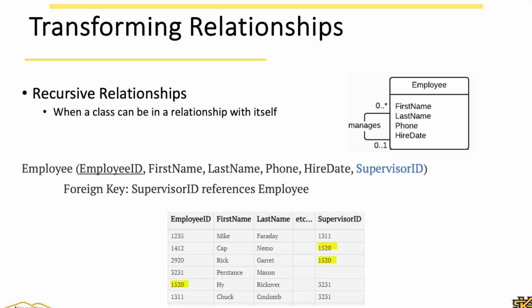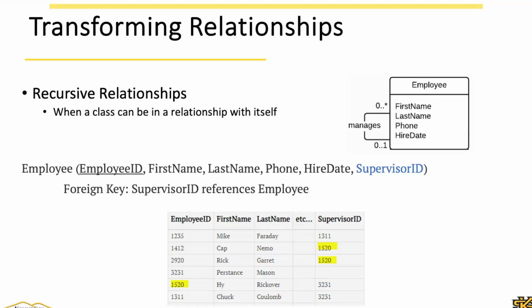For example, if the employee ID is 1520, and that person supervises employees 1420 and 2920, then the supervisor ID for those employees, 1420 and 2920, will be 1520.